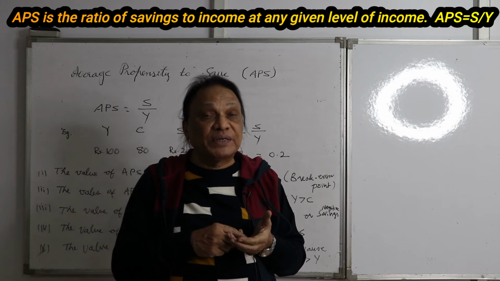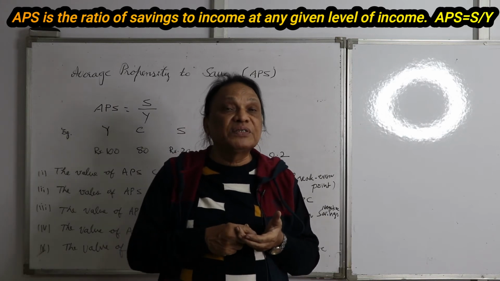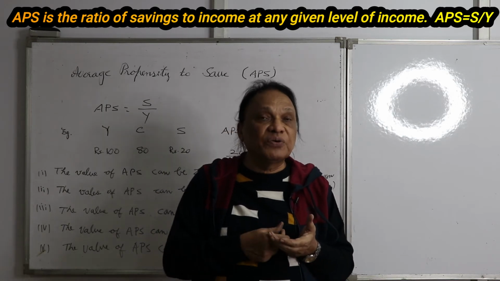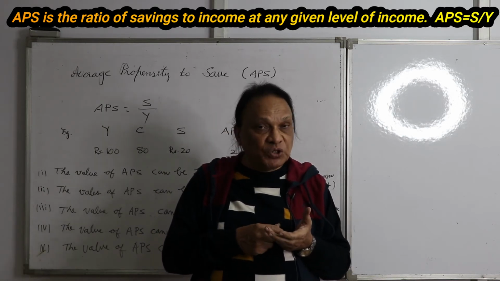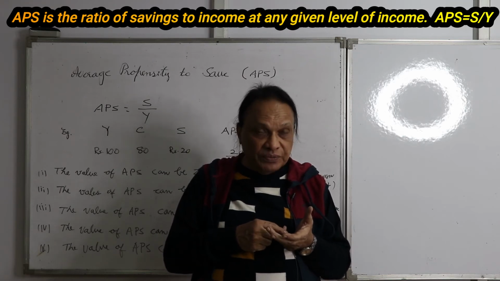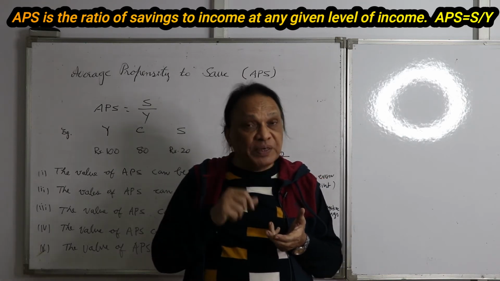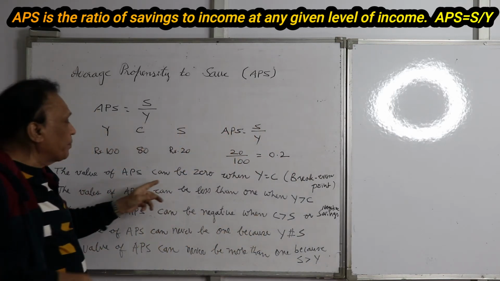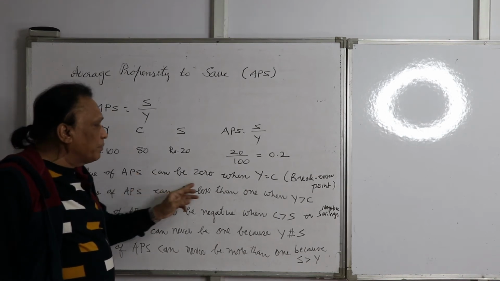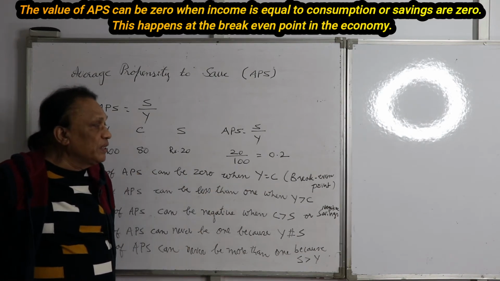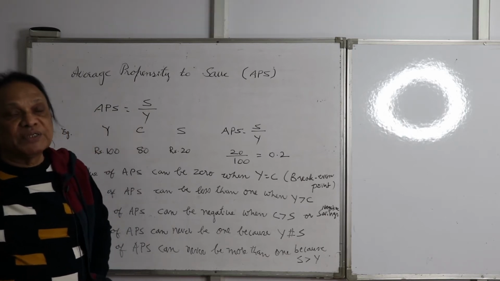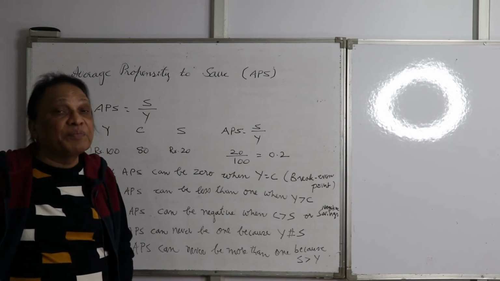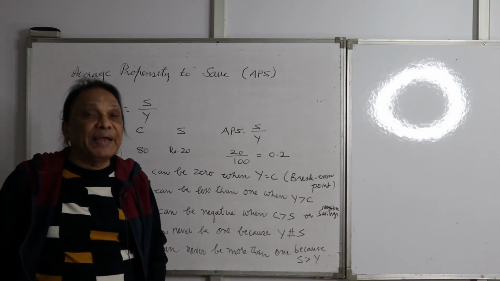Income is 100 and consumption is 100, so savings will be 0. The value of APS can be 0 when Y is equal to C, income is equal to consumption. In this case savings are 0, and 0 upon anything is 0. That is at the break-even point. At the break-even point, APS is 0.